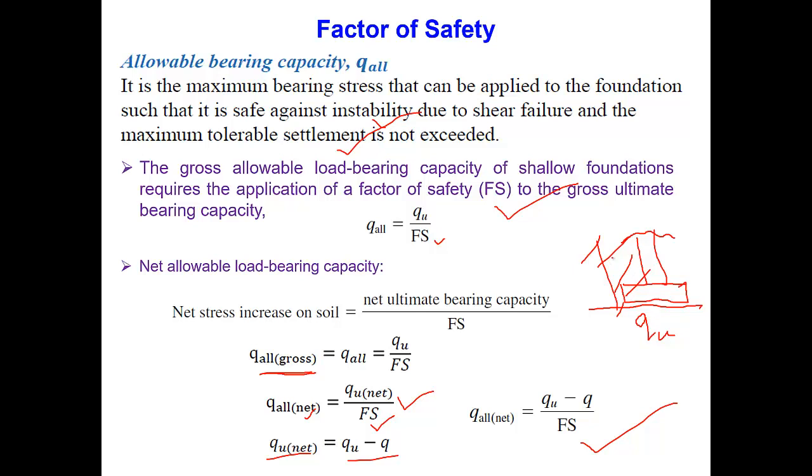If you do not consider it, that is your gross one. But if you consider this effect, what happened? You are applying some load here, right? This load ultimately produces some stress. This stress will be reduced from this stress.